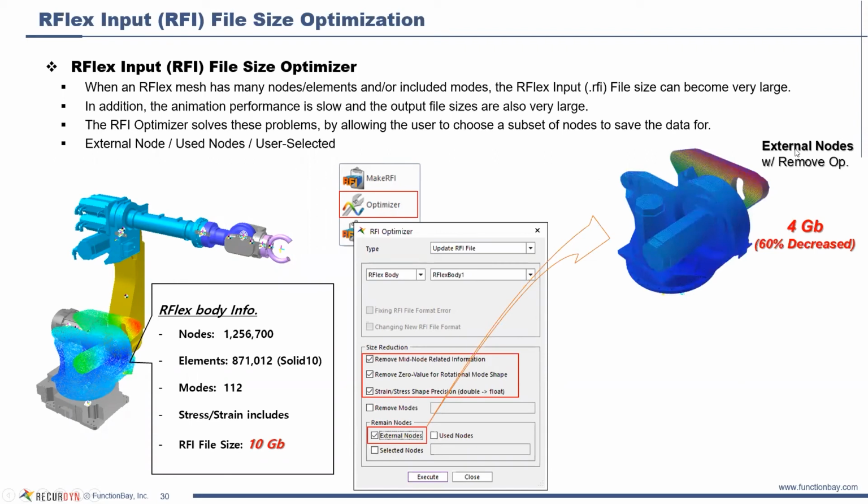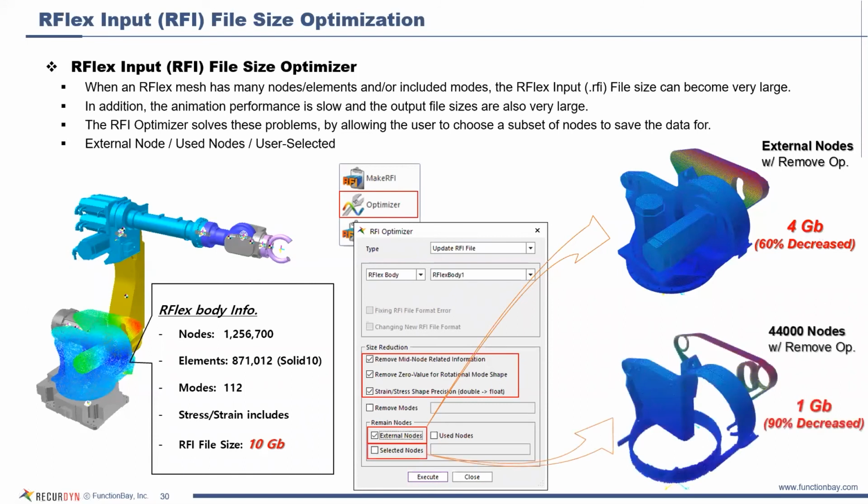With the option where only the external nodes have data saved for them, the RFI file size becomes 4 gigabytes, which is a 60% decrease. And in this example, they've chosen a subset of the nodes, and the file size is further reduced by 90% to 1 gigabyte.